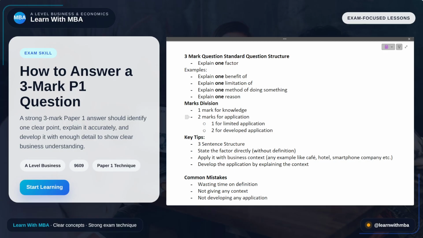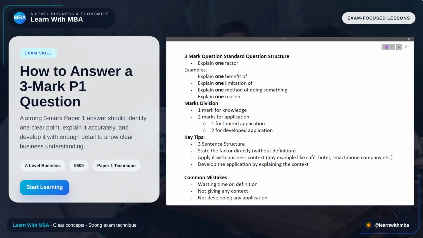There is 1 mark for knowledge. Knowledge comes from stating the factor. And then there are 2 marks for application, and application is further divided into two parts, which are limited application and developed application. So this means that one simple business point would not be enough. You would need to show the point in a real business situation and develop that situation further.